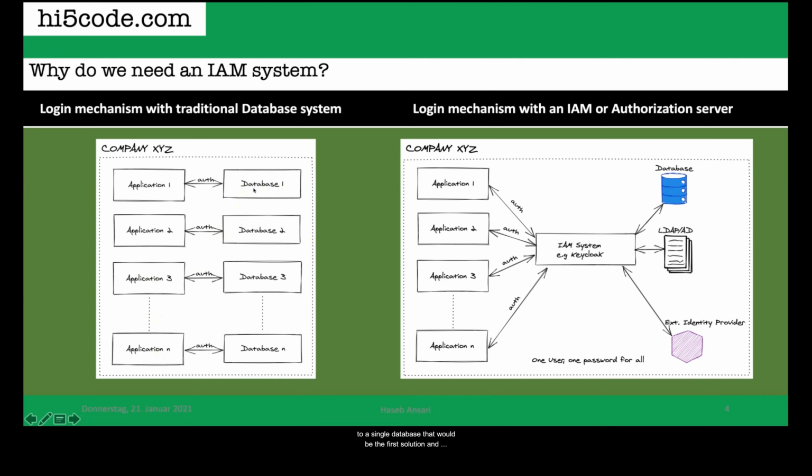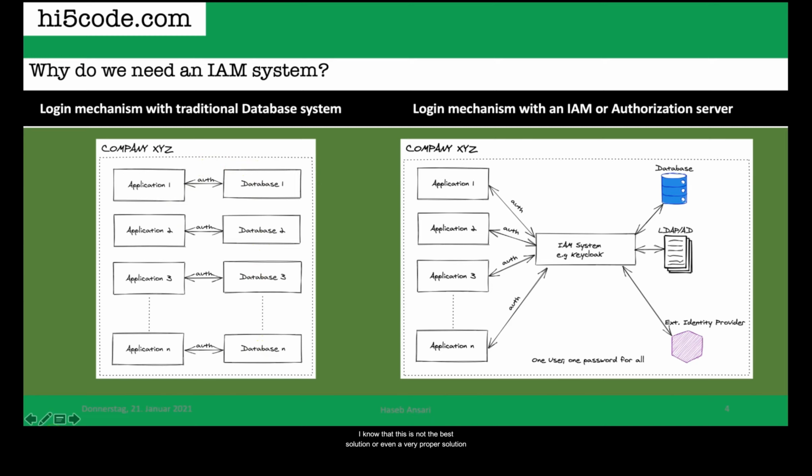And the second solution would be that each application in the scope of the company XYZ has its own database, and whenever the user registers from any of the applications, the user information will be saved in that database, and then it should be replicated in all the databases within the scope of the company XYZ.